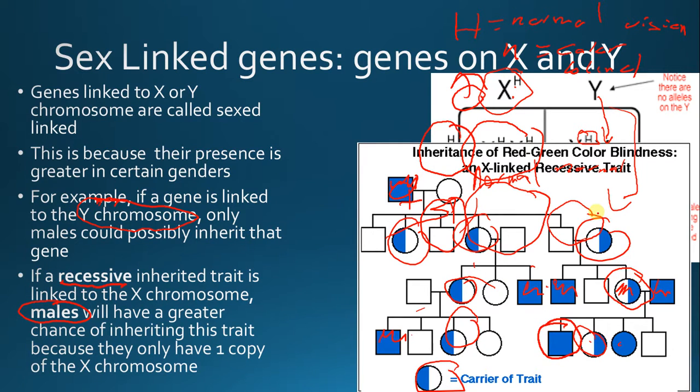Why can we say that? Because if there is a male offspring, the only sex chromosome they got from their father was the Y chromosome. That wouldn't have the allele. Which means that if they have the disorder, they received a dominant copy of their X from their mother. And if their mother had a dominant X copy, she must have been affected too.